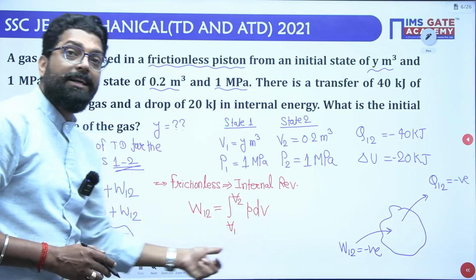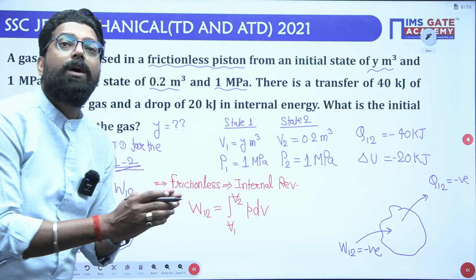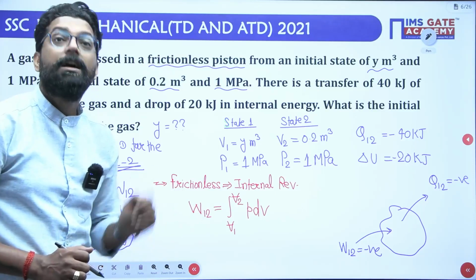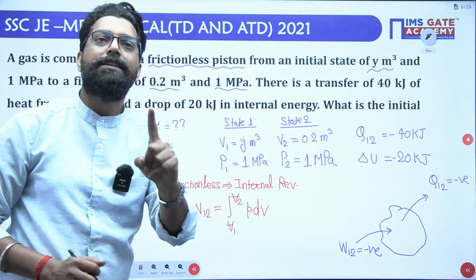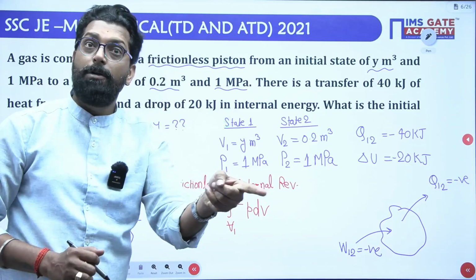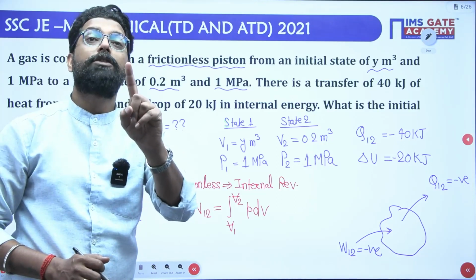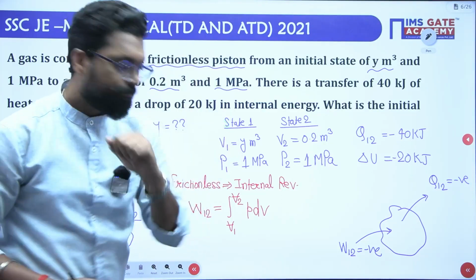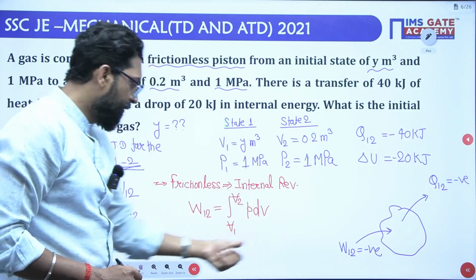What is the limitation of this work? This work is for the displacement of a boundary, and the system will go through a quasi-equilibrium process. That means internal reversible process. Quasi-equilibrium process must be internal reversible process. But a reversible process need not be a quasi-static process. Mind it. A reversible process may be externally irreversible. What is the limitation of this equation?